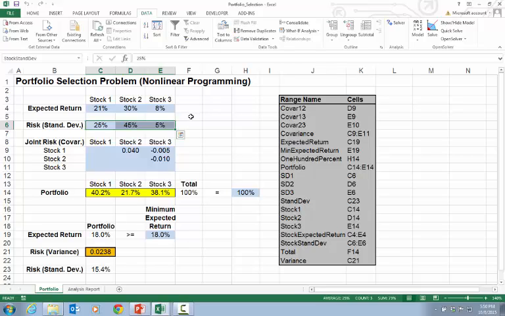So as you would expect, it's this sort of middle ground. It achieves a high return, much higher than stock 3, but not quite as high as stock 1 and stock 2. So it achieves that 18% return, but does so with minimum risk.